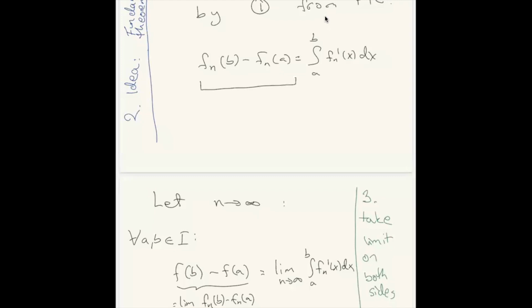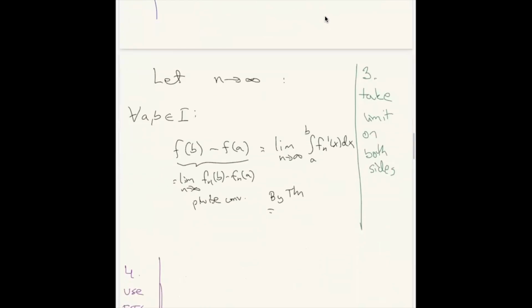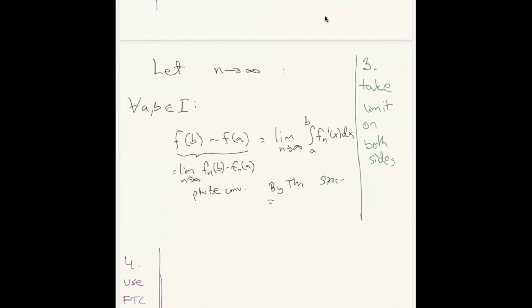So for the right-hand side, by the theorem on integrals, since fn prime converge uniformly, and remember we know this, to some function g, then for this right-hand side you can pass the limit inside the integral. And this is just the integral from a to b of g of x dx.